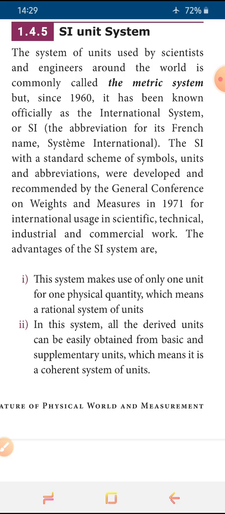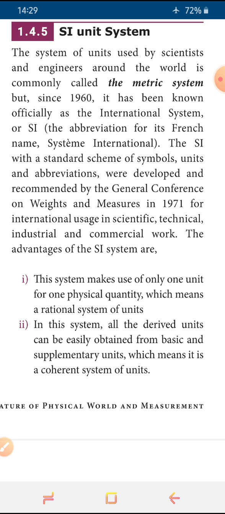This SI system was developed at the General Conference in 1971 by scientists, technical experts, industrialists and commercial workers. The scientists gave more ideas, so after MKS they made more corrections, and till now we are using this system.